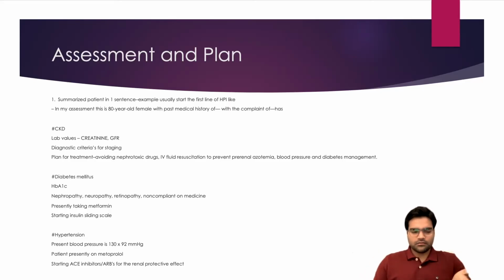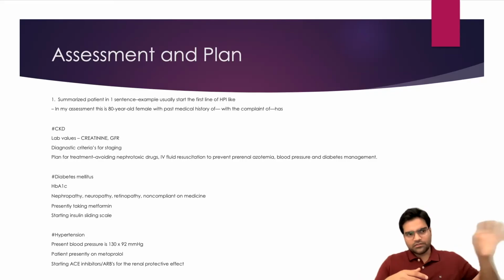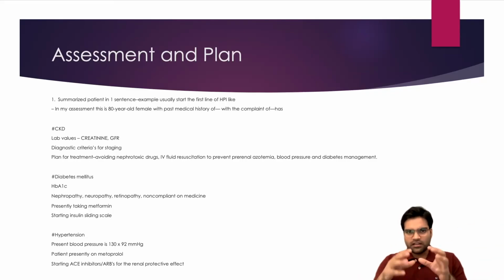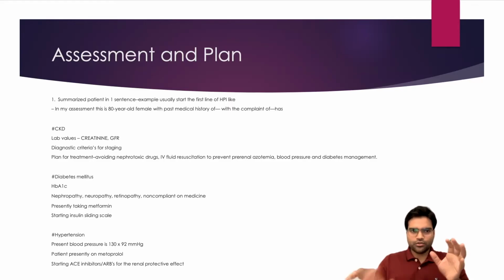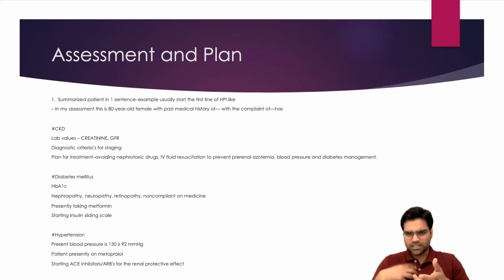While presenting, you can say it this way: after physical examination, your assessment and plan come combined. You can summarize the patient in one sentence, like the patient is a 64-year-old male with past medical history of this who came with the chief complaint of chest pain. During the ED evaluation, it was showing the ST elevation.